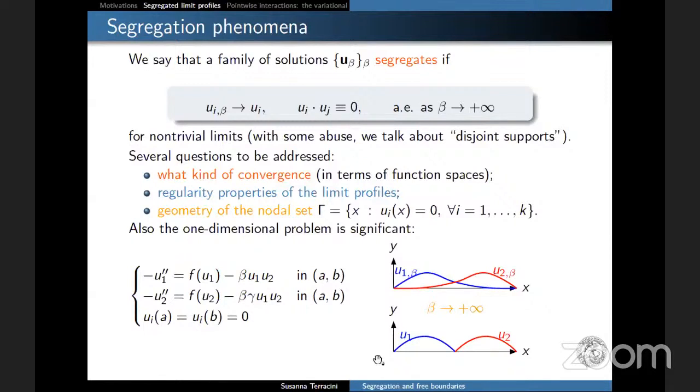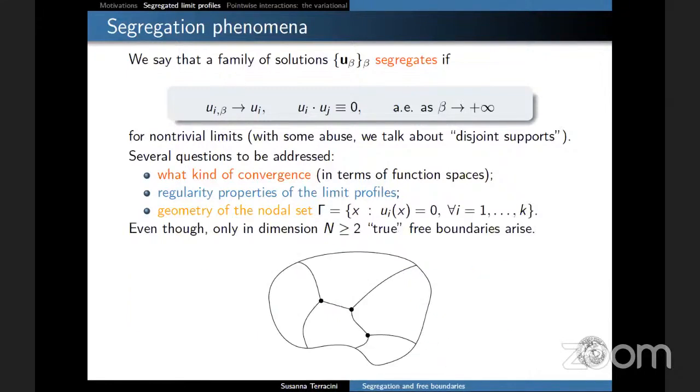And when beta goes to infinity, what happens is that the limiting components u_1 and u_2, which are the limits respectively of the families u_1,beta and u_2,beta up to subsequences, segregate, according to the previous definition.